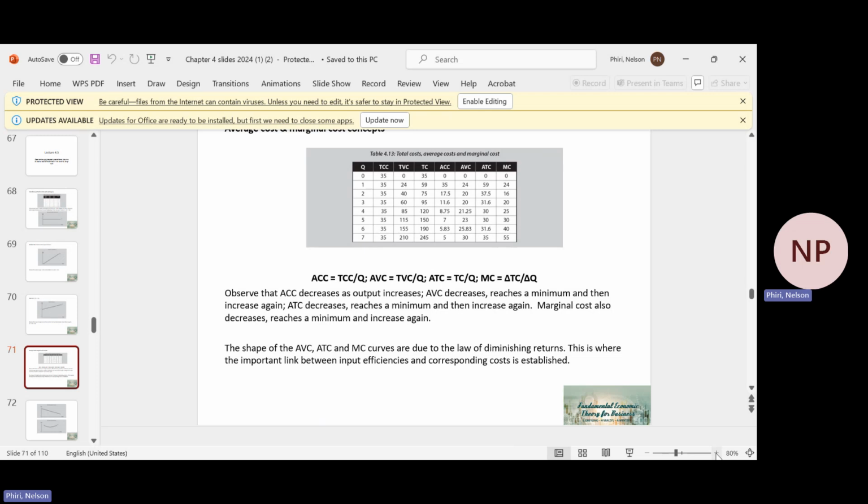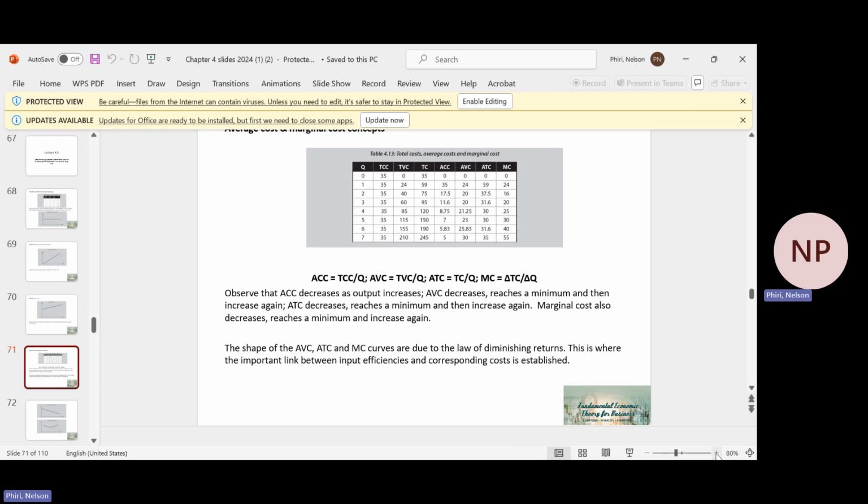So let's observe a few relationships that are denoted in the slides. I've already highlighted that your ACC decreases as your output increases, since you're increasing Q and TCC remains fixed. AVC decreases as well, reaches a minimum, then increases. This is almost similar to what we covered when we were doing the relationship between marginal output and average output, to say that when AVC is decreasing, your ACC also is decreasing.